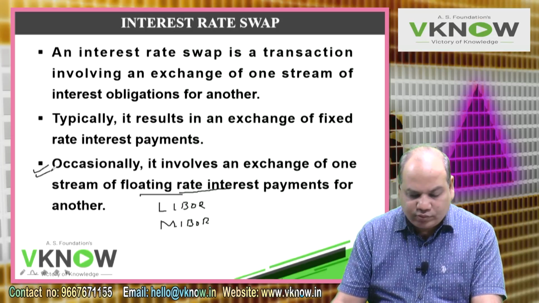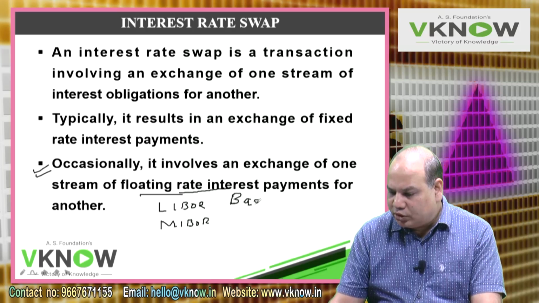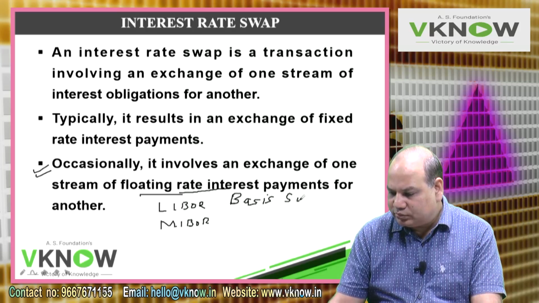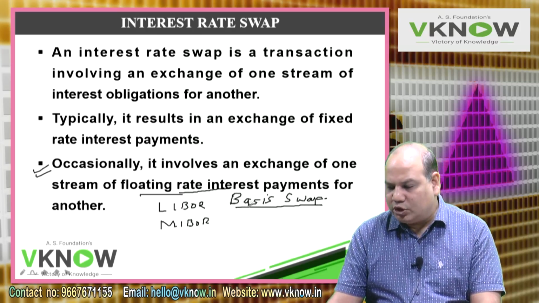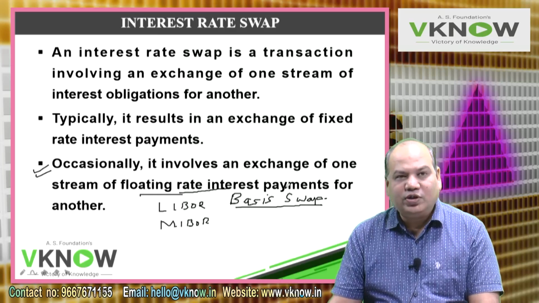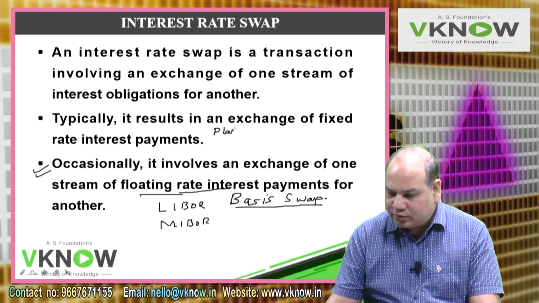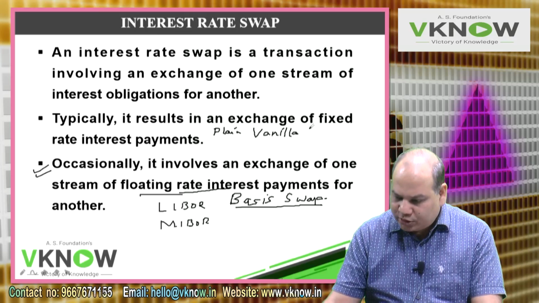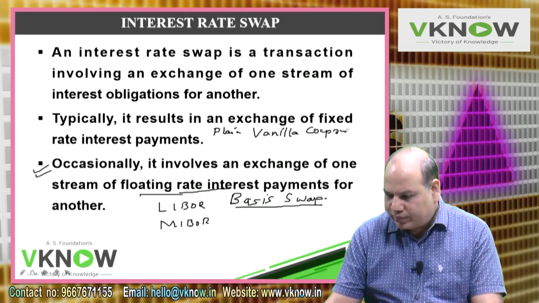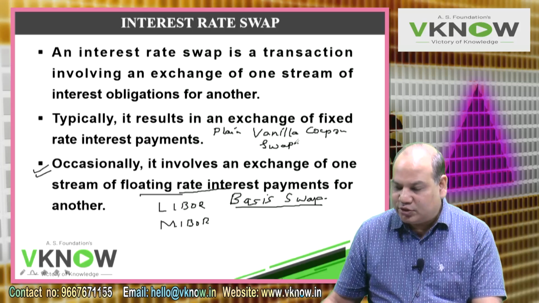Normally they can ask you, and such a swap which involves floating exchanged against floating is called basis swap, and fixed to floating is called plain vanilla. Very interesting name, plain vanilla coupon swap. Fixed and floating swap is called plain vanilla. Floating to floating is called basis swap.